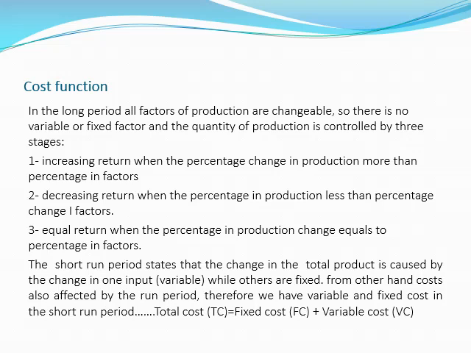So in the short run period, we face two forms of costs: fixed cost of the fixed factor and variable cost of the variable factors. The total cost, TC, equals fixed cost plus variable cost.